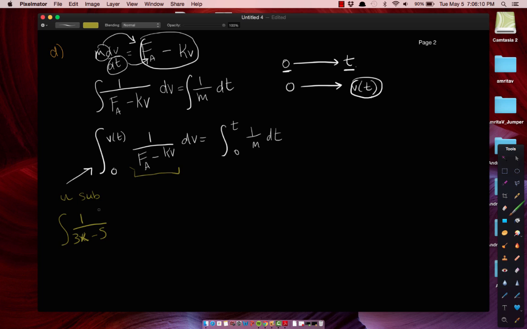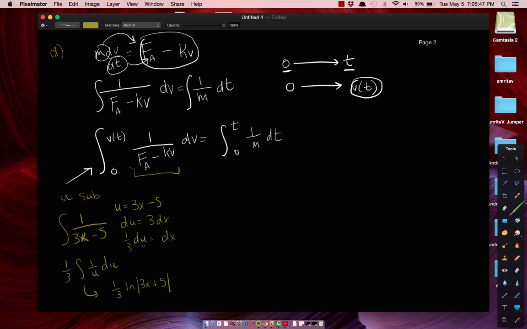I say my u is equal to 3x minus 5, du is equal to 3 dx, 1/3 du is equal to dx. So if I were to solve this integral, it'd be 1/3 times the integral of 1 over u du, or 1/3 ln of 3x minus 5. This is how I would solve this integral.